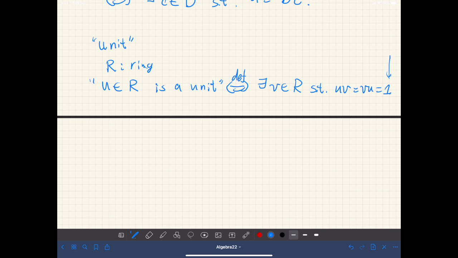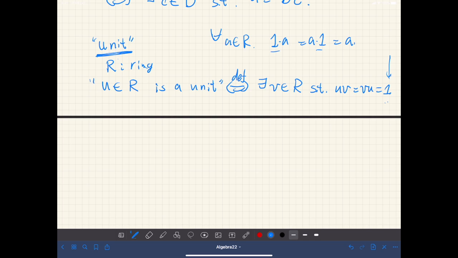Again, this is not necessarily a number, but it is the identity element of this ring. Identity element means that for any element A in the ring, the identity element behaves like 1 times A is equal to A times 1 is equal to A. Such an element is called the identity element, or multiplicative identity, of the ring. So this is just a review of the notion of unit.